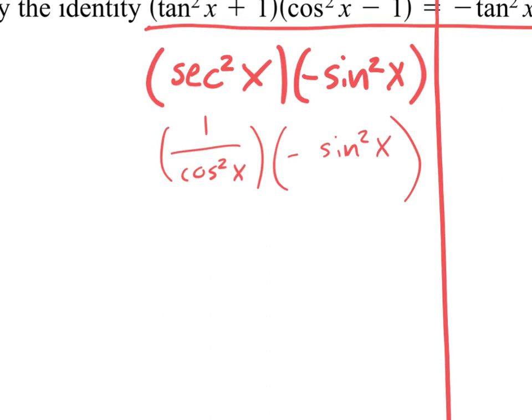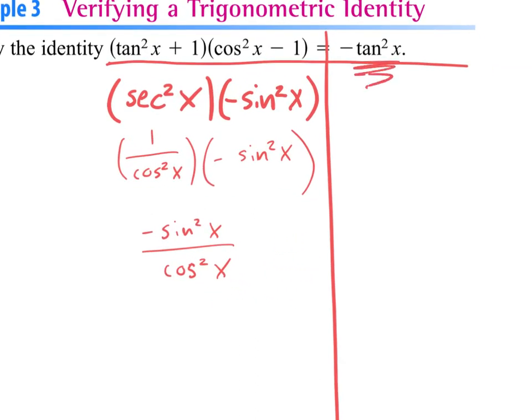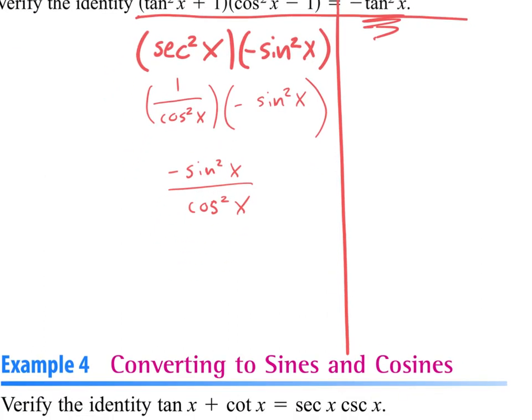Do you multiply them? Let's multiply. So we have negative sine squared x over cosine squared x. Remember, our goal is to go back to negative tangent squared x. What do we know about sine over cosine? It becomes tangent. However, both of these are squared, so it becomes tangent squared. So we have a negative tangent squared x. Is that what we were trying to get? Yep, so we are done.